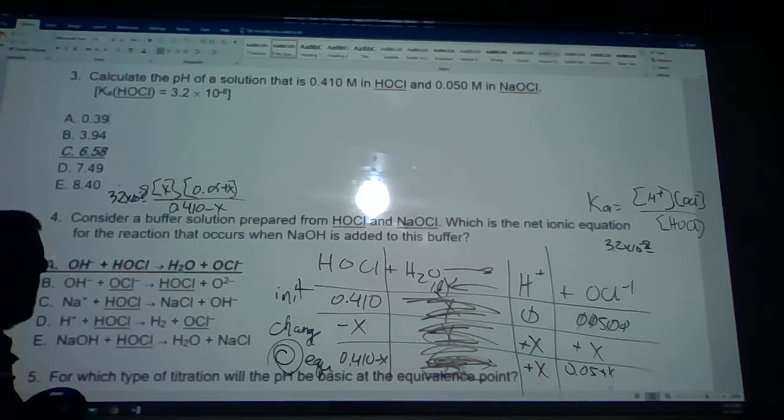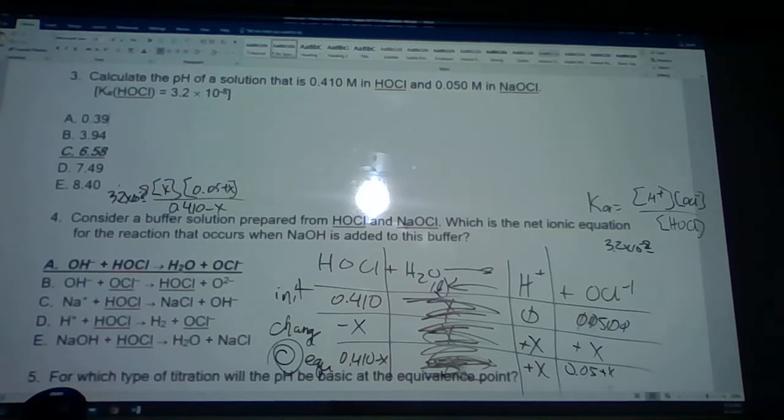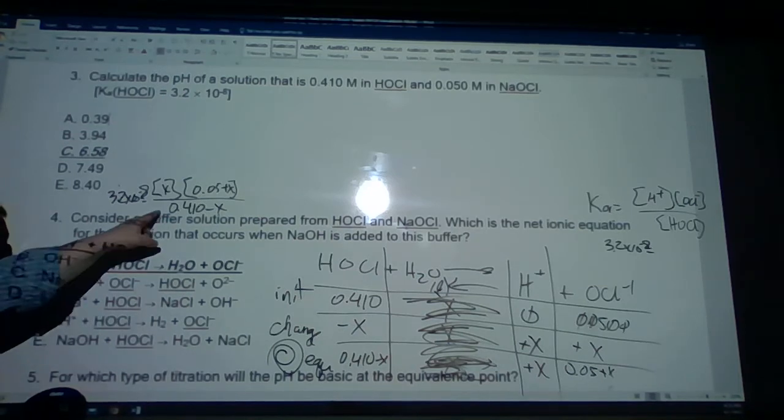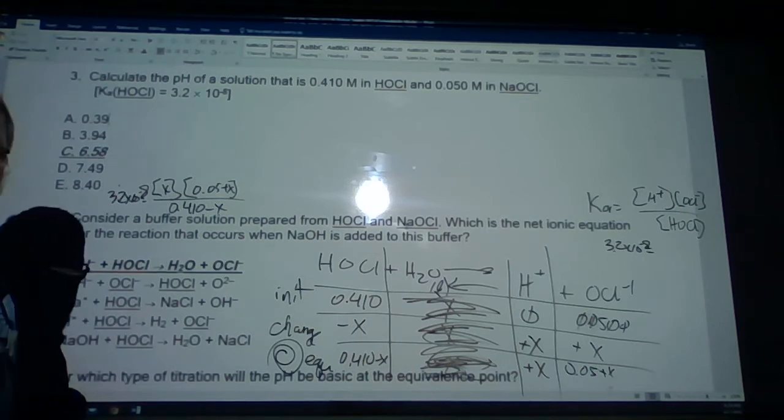Now notice, this is not necessarily X squared. This is a more complicated problem to work out. Here again, we have a weak acid. The weak acid does not ionize. Excuse me, I got to clean the screen off a little bit. Sorry.